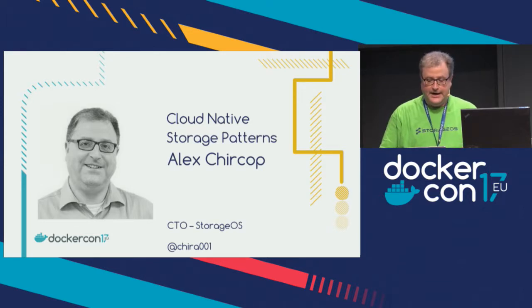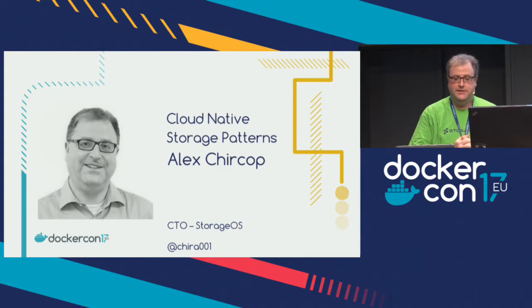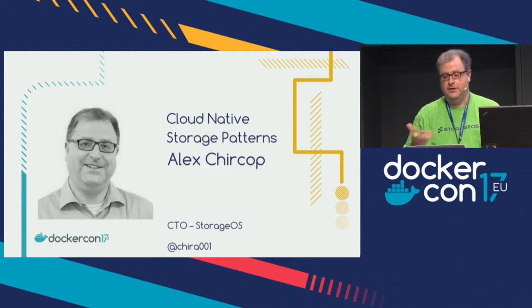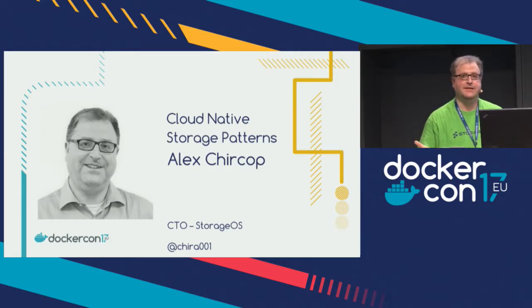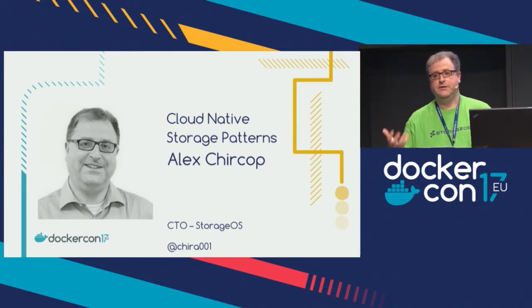Good afternoon. My name is Alex Chircop, and I'm the CTO and one of the founders of StorageOS. I'm here to talk about cloud-native storage patterns, which is basically how you can use different storage solutions in your microservices and in your Docker platform.